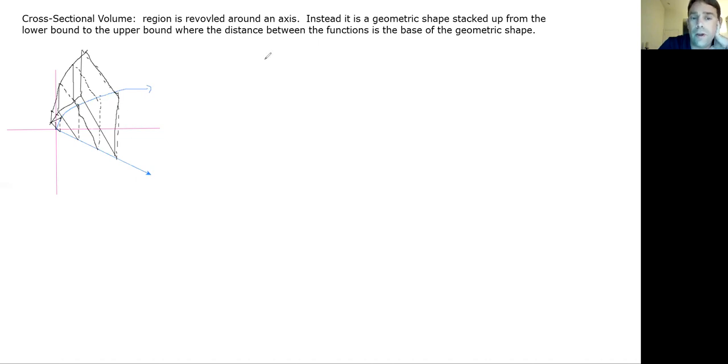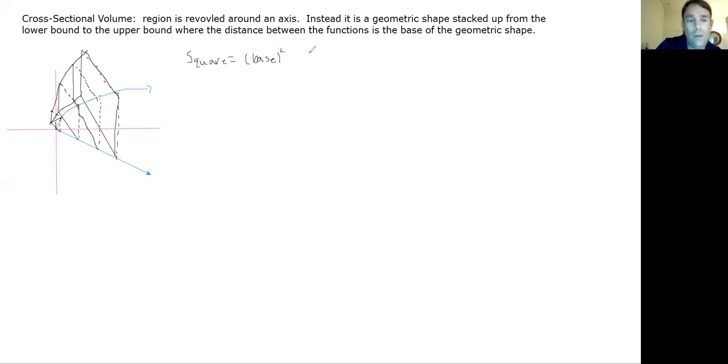So the base of my square here, first of all, the area of a square is whatever the base is squared. Whatever the length of that base is, that would be squared.